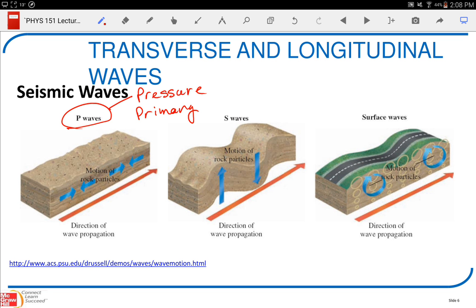It's the primary wave because if an earthquake happens, let's say in Omaha, the first wave we feel here in Lincoln is going to be the primary wave. It's the faster wave. The pressure term is because a sound wave is a pressure wave. What type of wave was a sound wave? Transverse or longitudinal? Longitudinal. So the pressure wave means it's a longitudinal wave, where you have pressure that's going through the material.